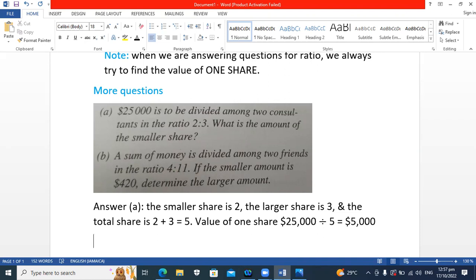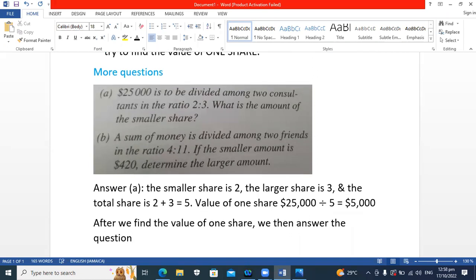Now, after we find the value of 1 share, we then answer the question. The question says, what is the amount of the smaller share? So the smaller share is 2. All right.